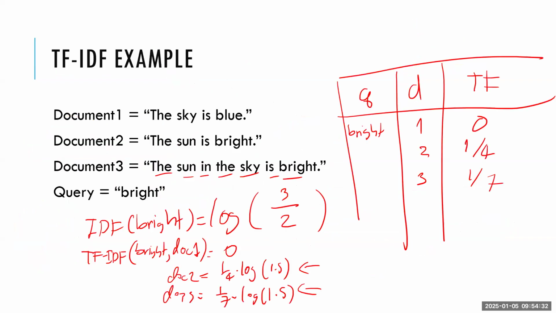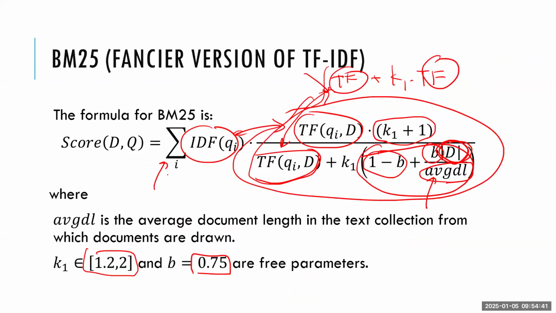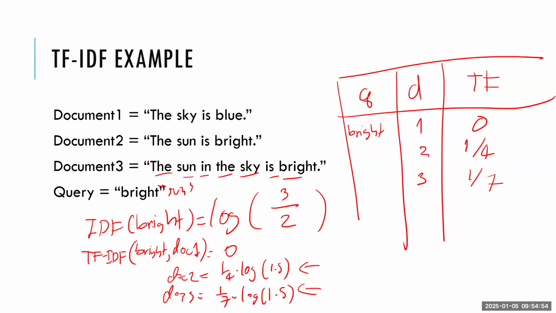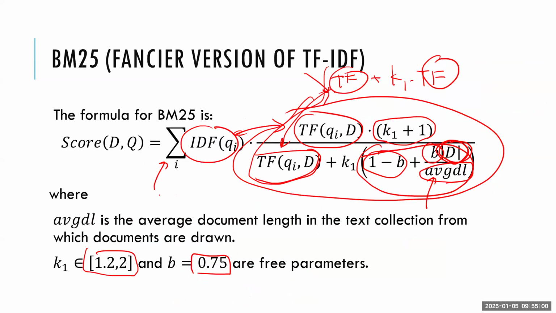But let's say my query has two words, for example bright sun. Then you compute the BM25 or TF-IDF for each word, so you have TF-IDF for bright and for sun, and then you sum them up for each document. That is where the summation comes from.